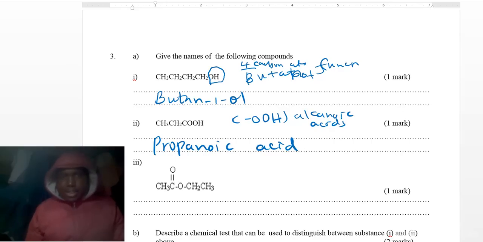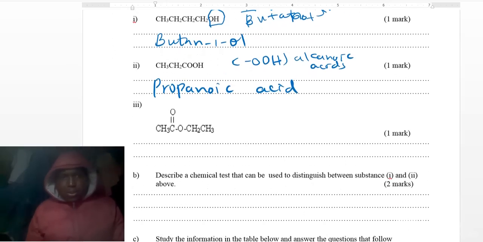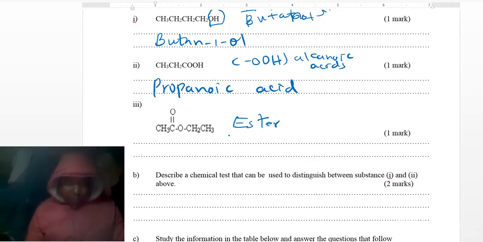Then look at the next one, Roman 3. Which compound is this? When you see this compound written in this way, you should know that this one is an ester. So the process is esterification. So which ester is this? Look, this is 1, 2.